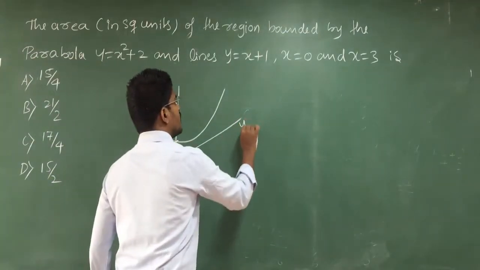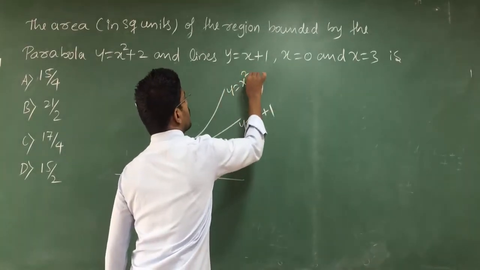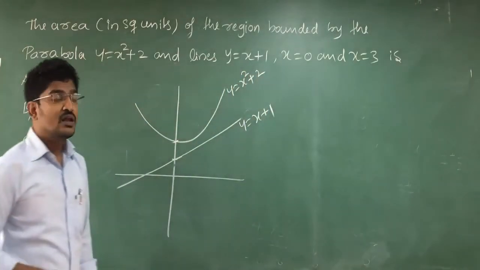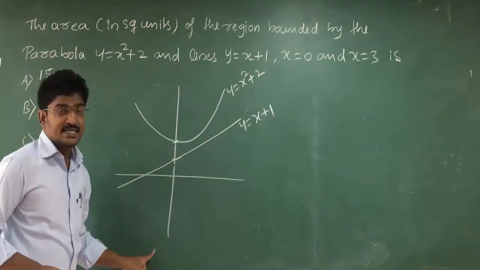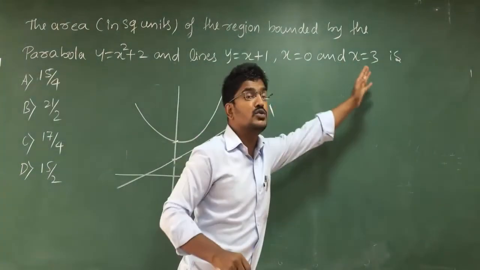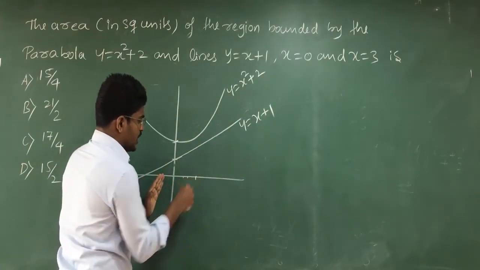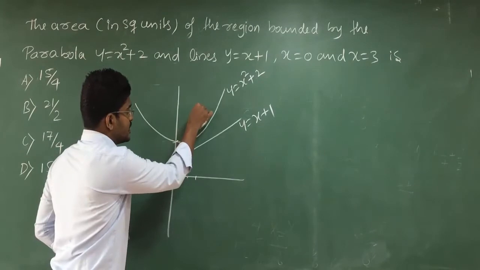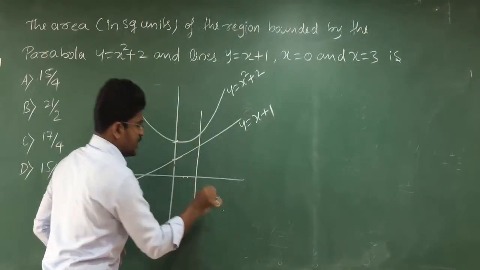That means this is y equal to x plus 1. This is y equal to x square plus 2. Clear? Next, x equal to 0 means y axis, no problem. X equal to 3 means 1, 2, 3. Clear? So this is x equal to 3. Clear?